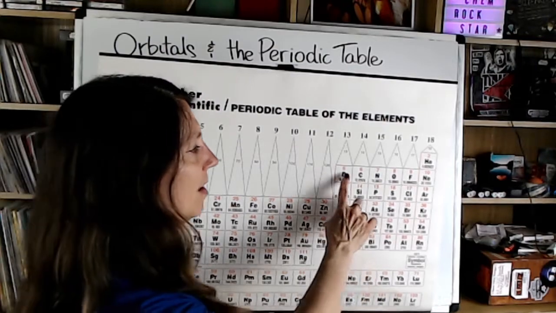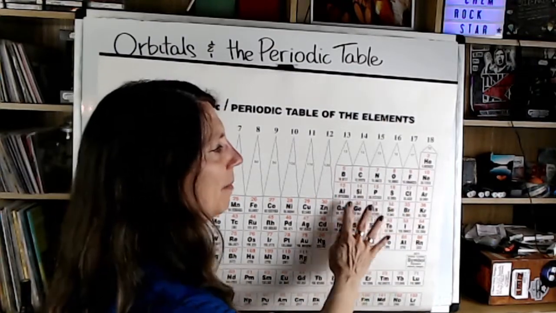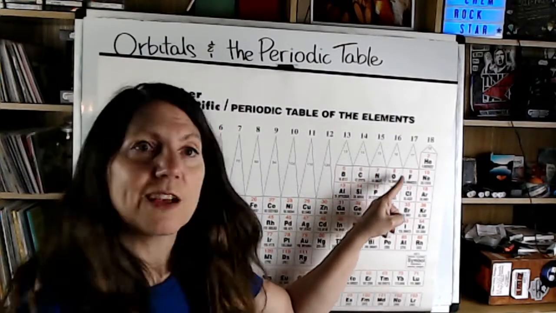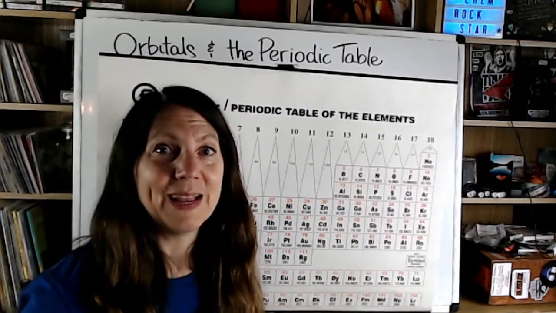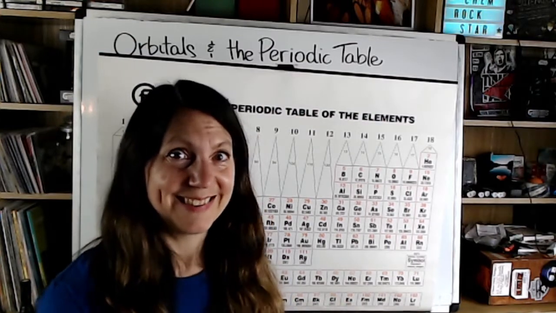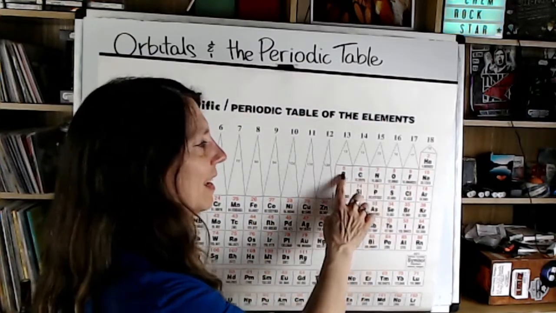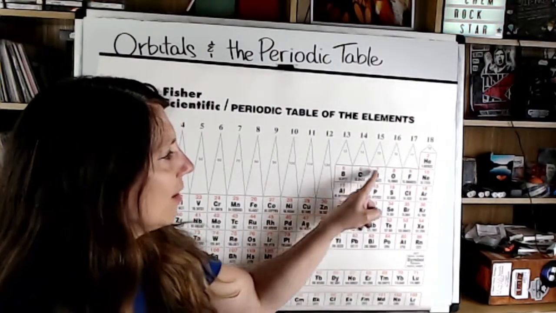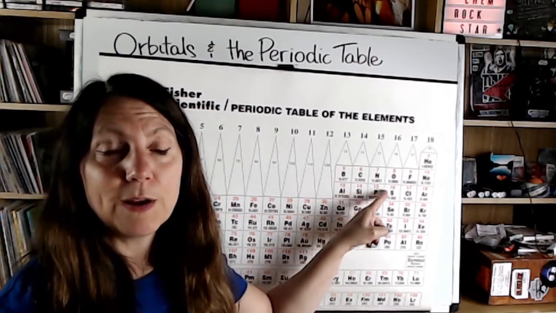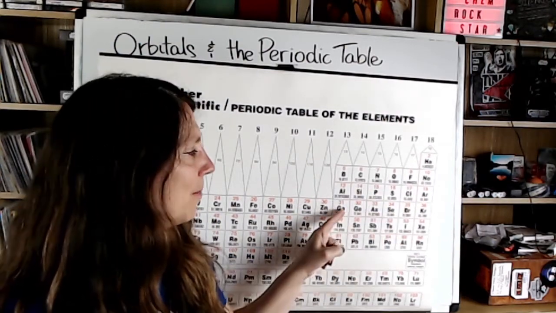Over here, all these elements that are in this block, that's 6 across, because we have 3 p orbitals, 2 electrons each, 6. All these are filling the 2p in this period. In this period, we're filling the 3s.